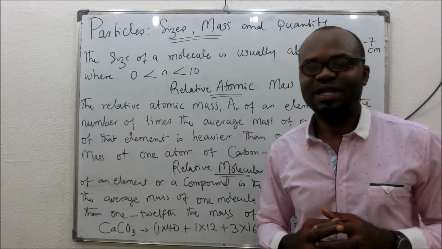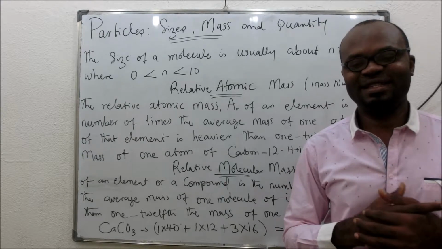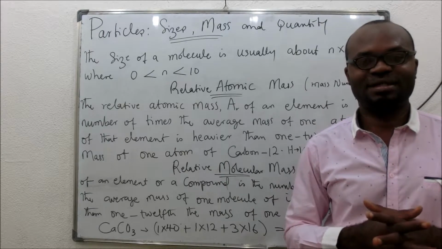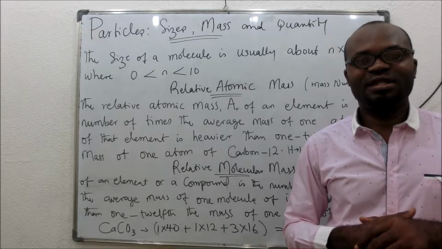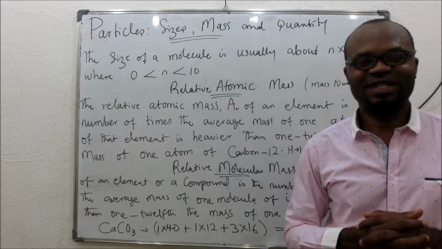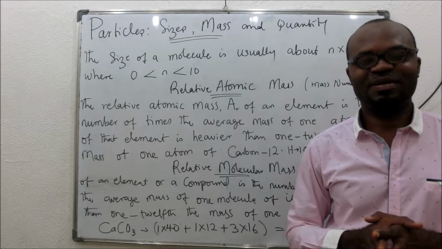Now we are going to be looking at relative atomic mass and relative molecular mass. Relative atomic mass, also known as mass number, is a quantity that we are going to be using in several calculations in chemistry. Relative molecular mass is also very important.